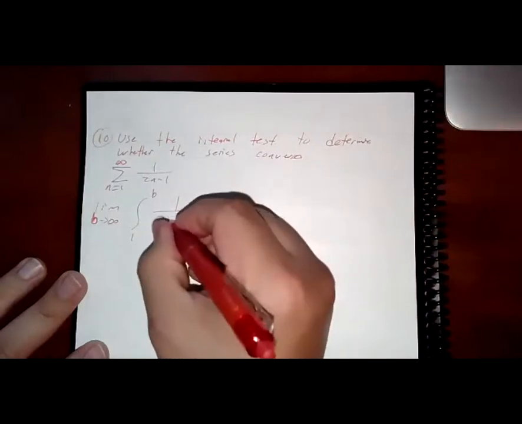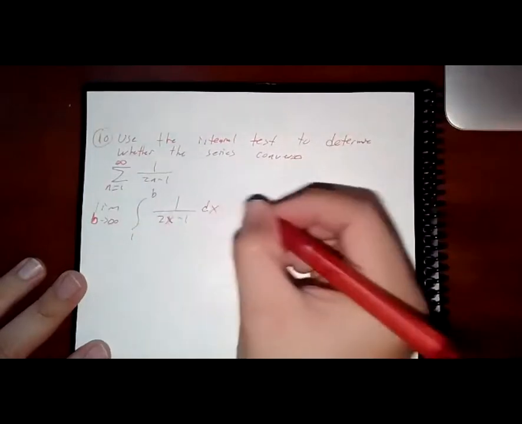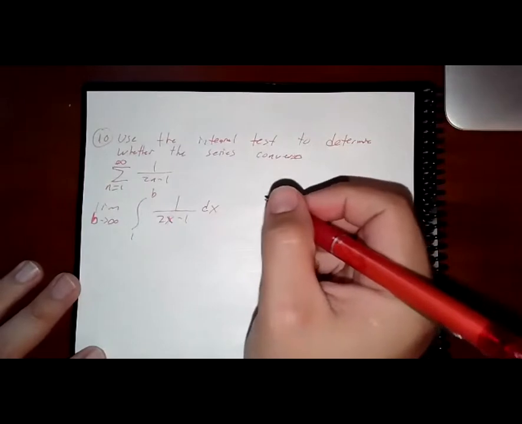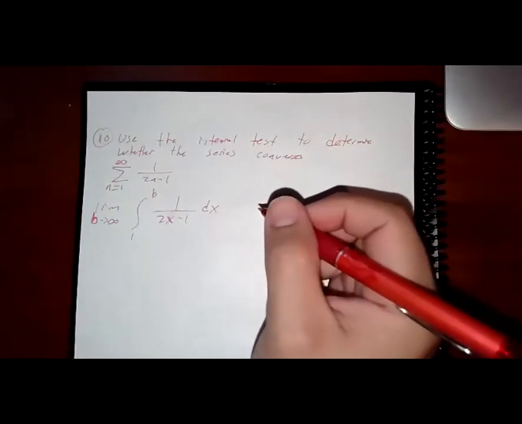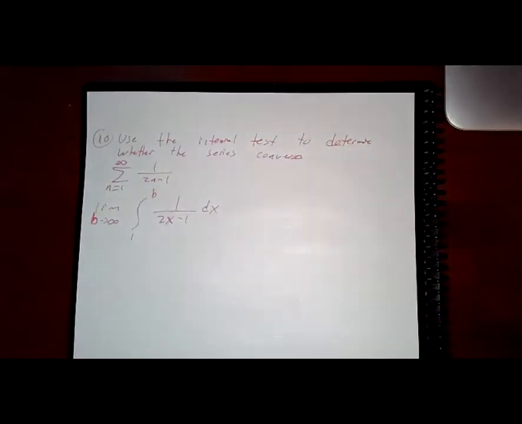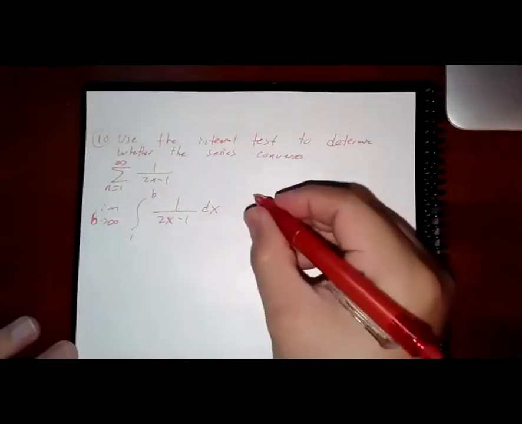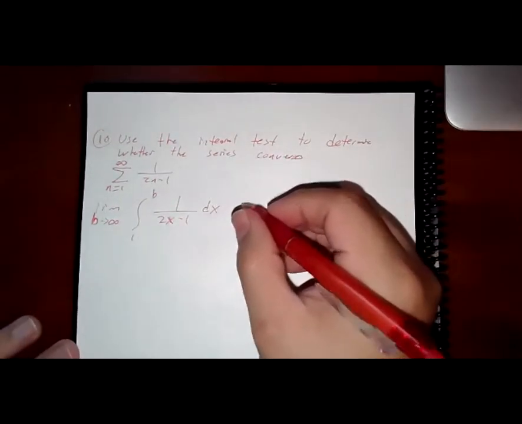Now integrate this. What is the integral of 1 over 2x minus 1? What technique should we use?